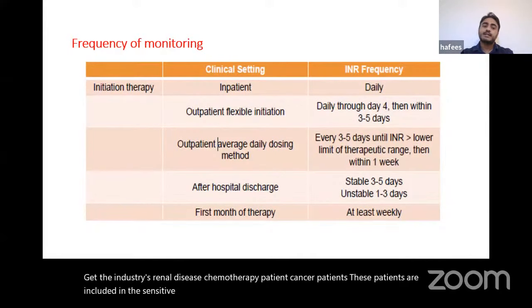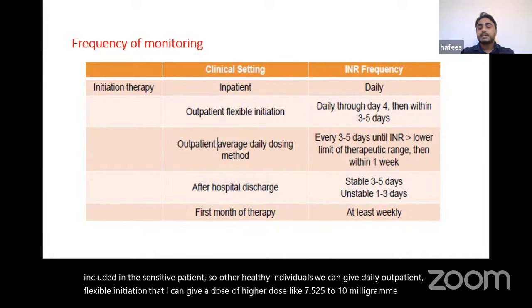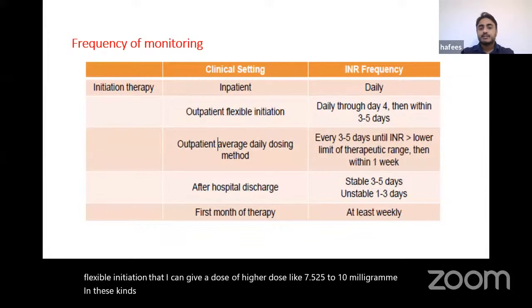For other healthy individuals, we can give daily outpatient flexible initiation. That is, we can give a higher dose, like 5 to 7.5 to 10 milligram. In these kinds of patients, we need to monitor the INR daily until day 4. Daily, we need to monitor the INR, then within 3 to 5 days.